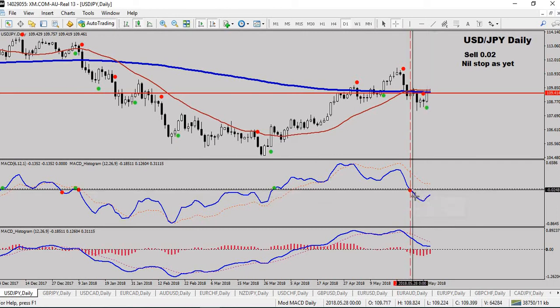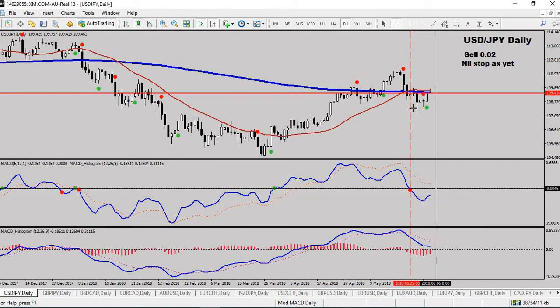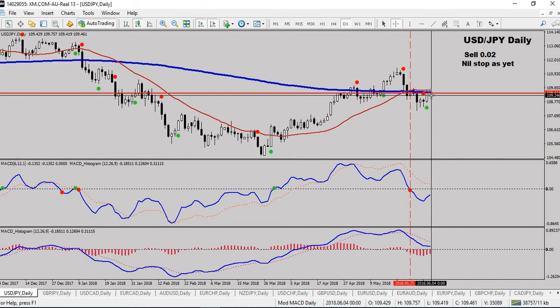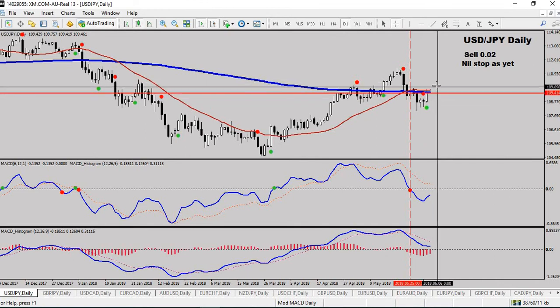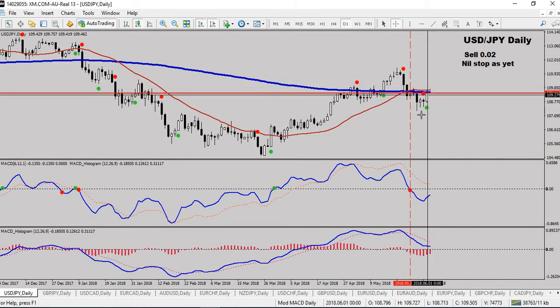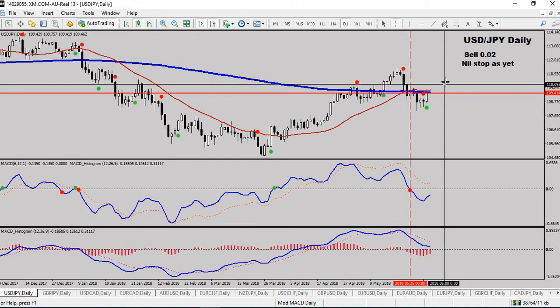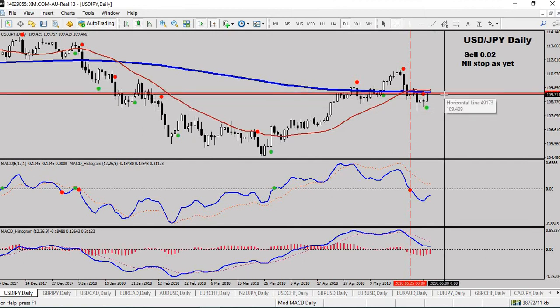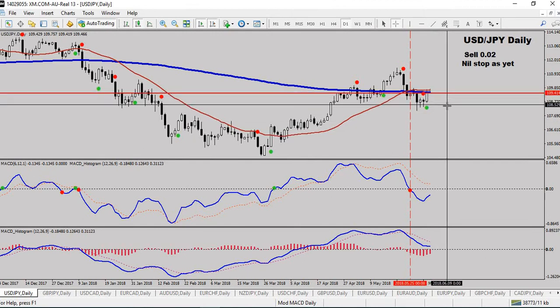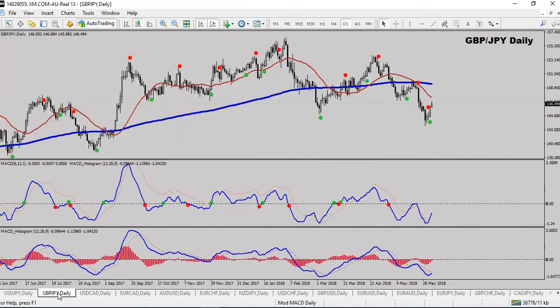As long as that red dot's there and no green dot, I'll just keep on the sell. I should probably put a stop in there somewhere. I might have a look at that tomorrow, just give me some protection to the upside in case something drastic happens. But at the moment, it's probably break even, the way it's sitting right on that red line, I'm assuming, so just wait and see.